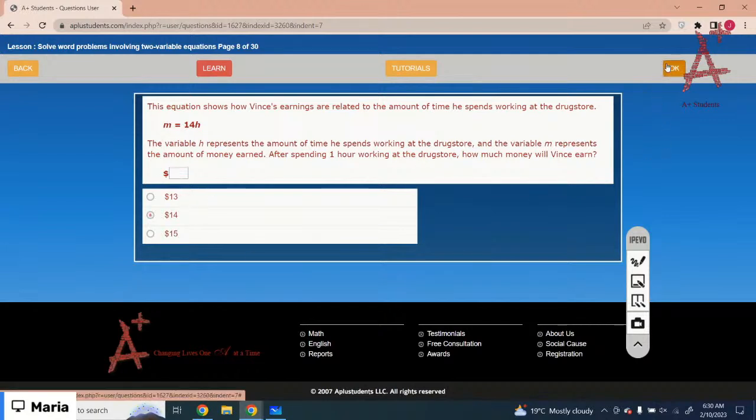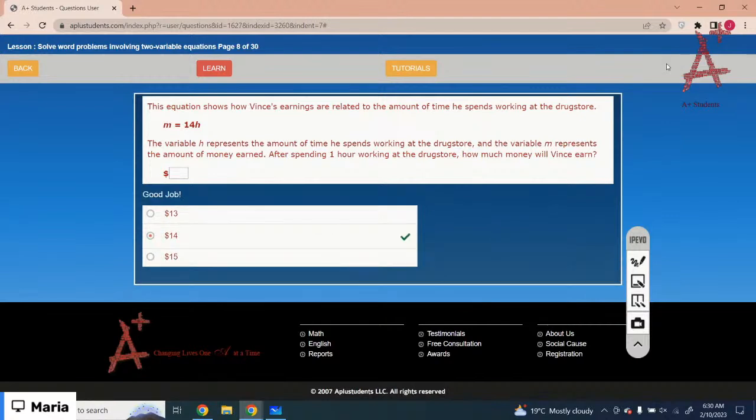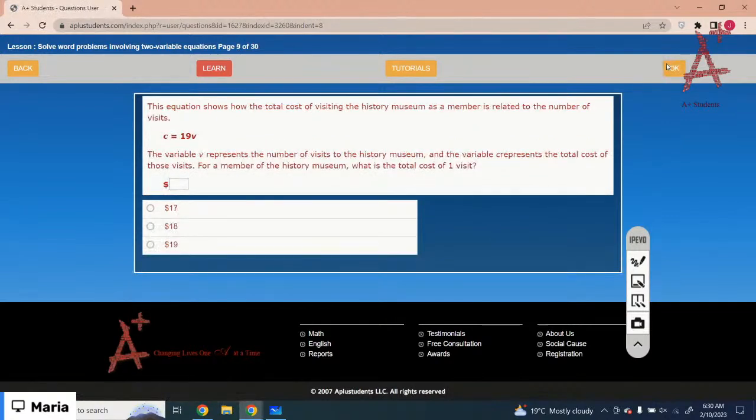They are very easy. You just have to understand the question, replace the variable with the value and calculate the value. Got it? Okay, the next one is this equation shows how the total cost of visiting the history museum as a member is related to the number of visits. It is C equals 19 times V. So the variable V represents the number of visits to the history museum and the variable C represents the total cost of those visits. For a member of the history museum, what is the total cost of one visit? So just replace the V with 1. Got it?